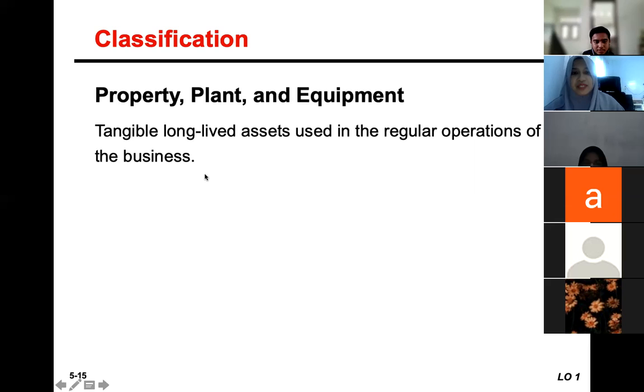We say that property, plant, and equipment are tangible, long-lived assets that are used in regular operations. For example, we have land that we don't use for regular operations, or buildings that are not used for regular operations.